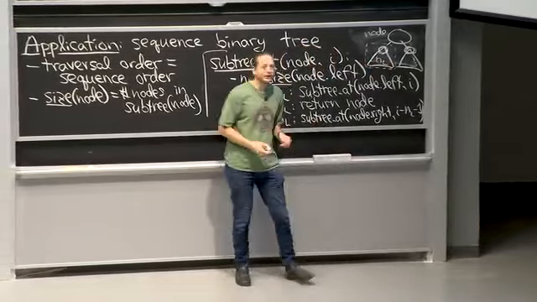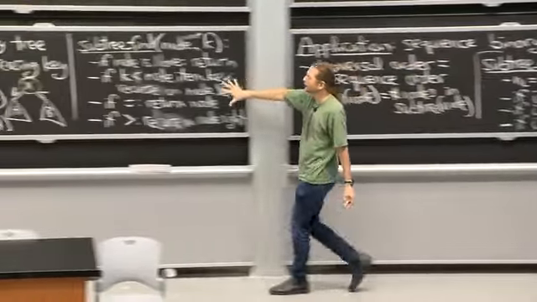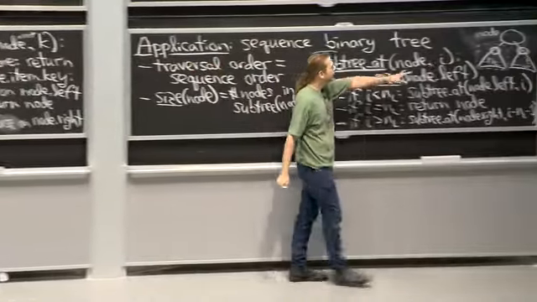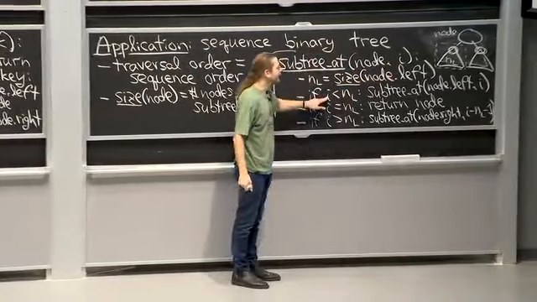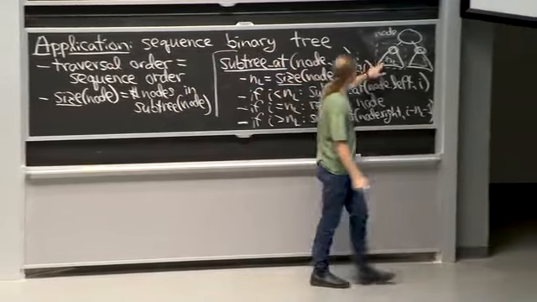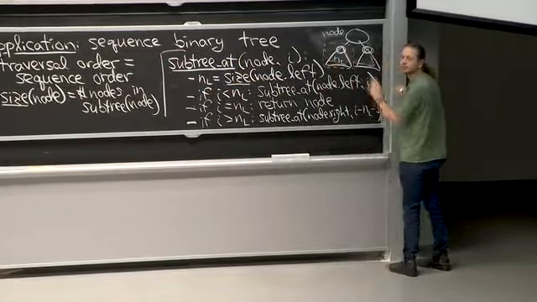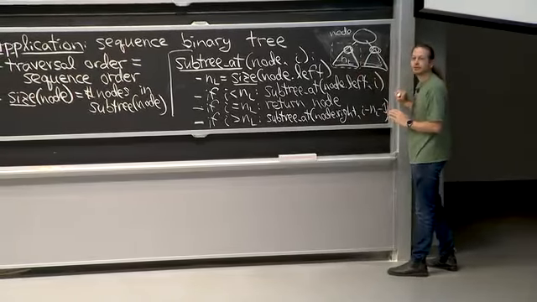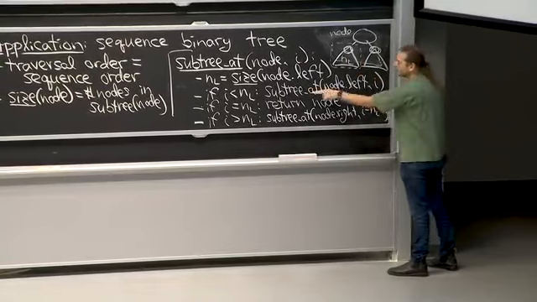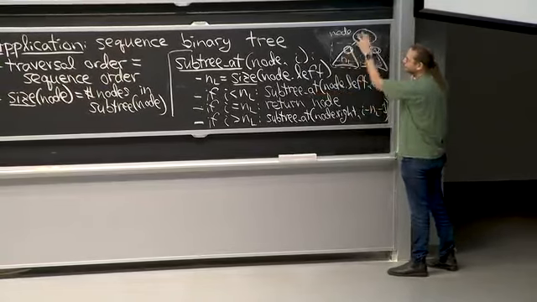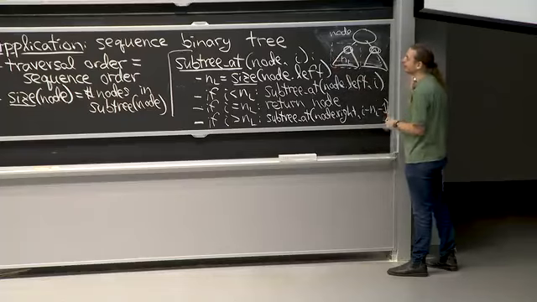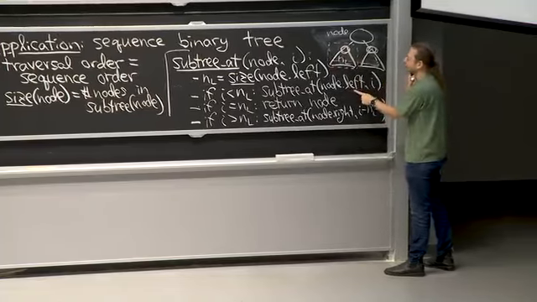Well, I claim that lets me do the equivalent of a binary search, because I'm looking for some index I. And if I is less than NL, then I know that it must be down here. For example, if I equals 0, it's going to be in the left subtree, as long as NL is greater than 0. Right? So that's exactly this check. If I is less than NL, I'm going to recurse to the left, call subtree_at of node.left, comma I. That's what's written here.